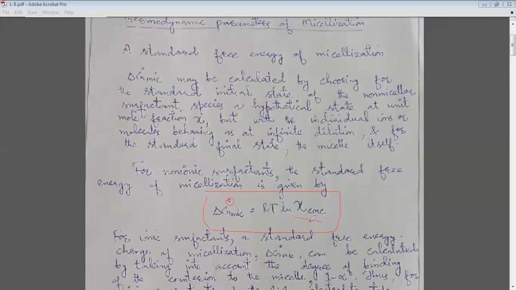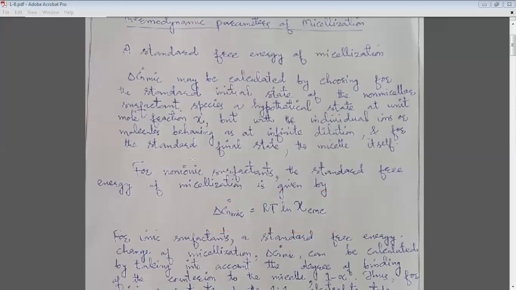Here CMC is in mole fraction units, which is basically equal to CMC upon 55.5. That is, if you have taken the aqueous medium, 55.5 plus CMC, that is CMC in mole fraction unit. But this equation is basically valid for only non-ionic.